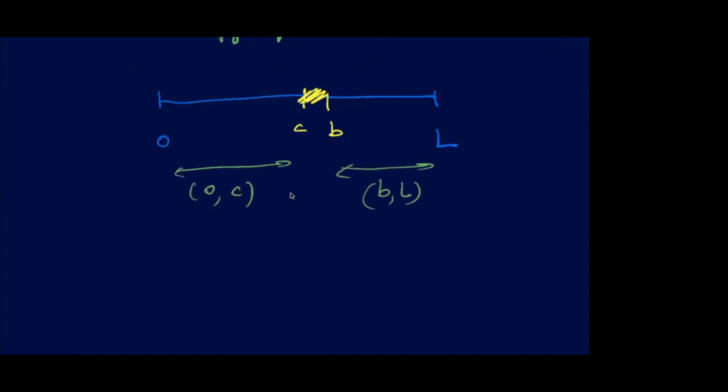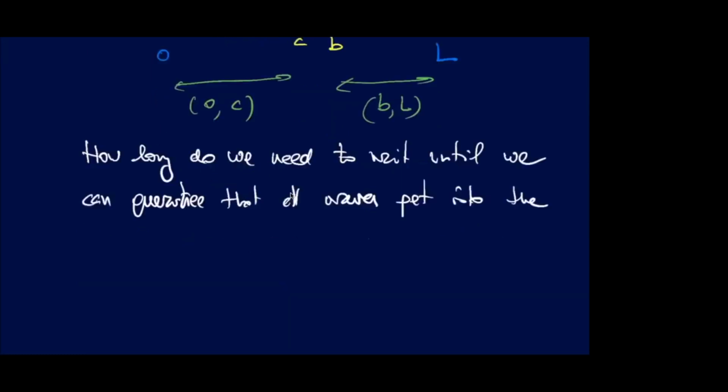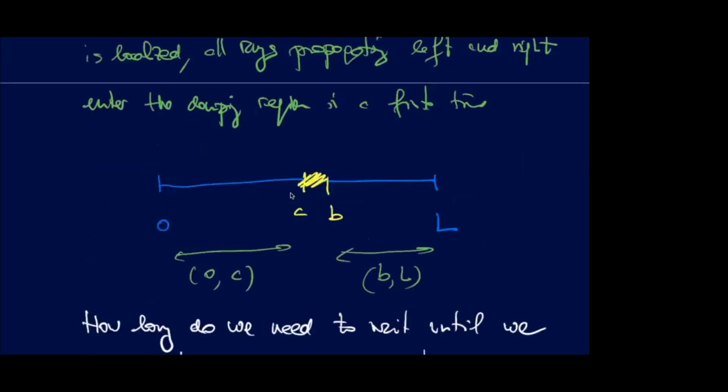Could you please tell me, the question is, how long do we need to wait until we can guarantee that all waves get into the damping region? What will be the time needed to guarantee this?